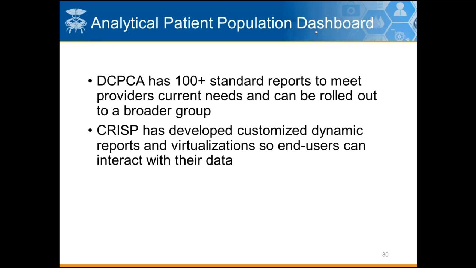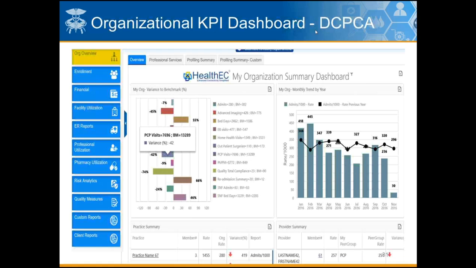Thanks, Donna. So if you flip through these slides, we've probably got a dozen slides in here with different images. The intent was to show that there's existing capacity to produce some of these standardized reports. What you'll see, both in terms of Health DC, CRISP, a clinical quality tool we're going to go through, some of these things are going to sound similar, and there's going to be some overlapping capacity between different solution providers.